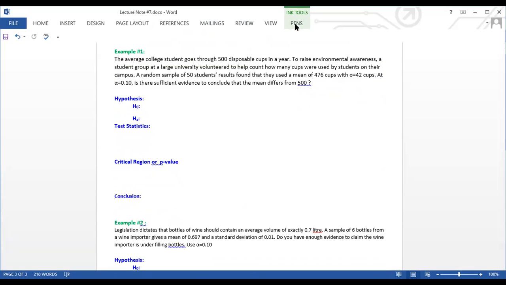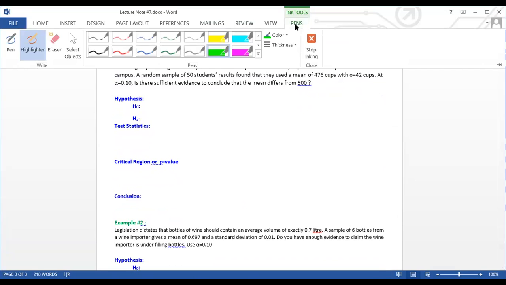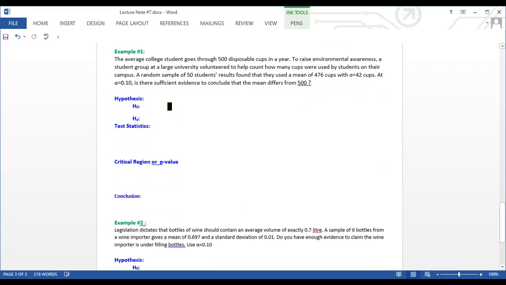This is the first example in this lecture. They tell you the average college student goes through 500 disposable cups in a year. To raise environmental awareness, a student group at a large university volunteered to help count how many cups were used by students on their campus. So let's highlight all the information.